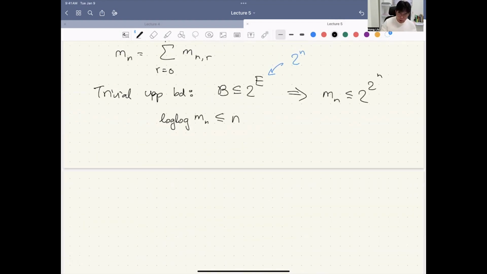There's a lower bound by Knuth, who proved, using log, that the log of the number of all matroids on n elements is at least 2 to the n over n minus 3/2 log n minus some constant.